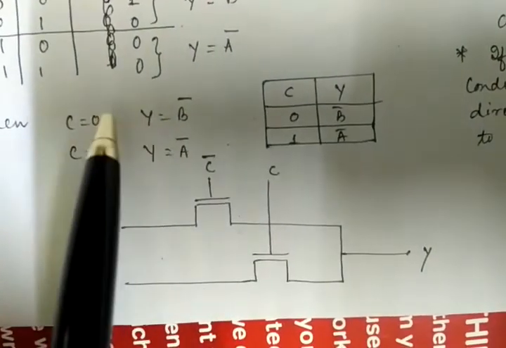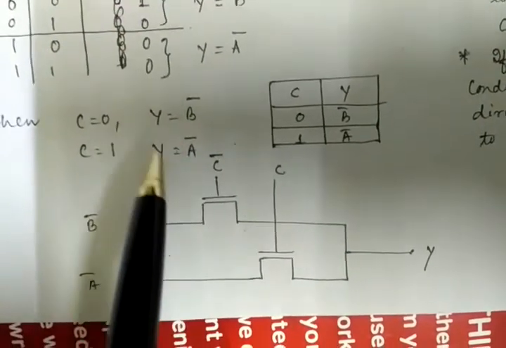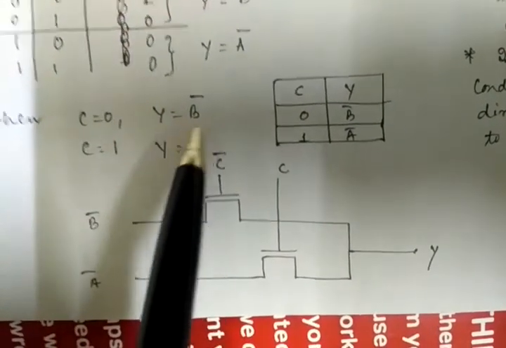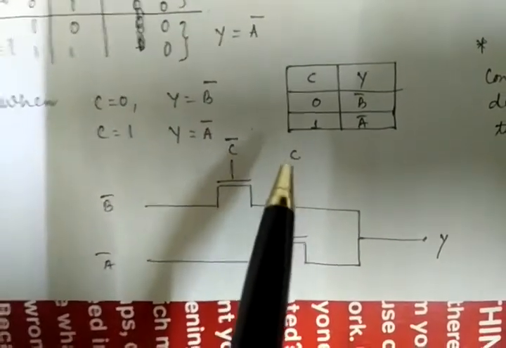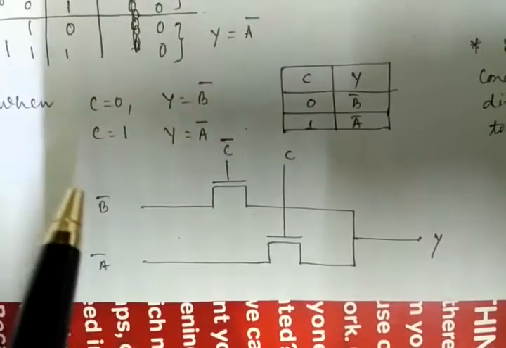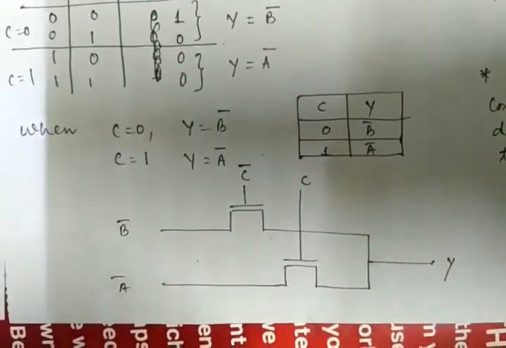Depending on the controlling signal, you have to transmit the output. Whenever C equal to 0, you have to transmit B bar, not A bar. So please check before designing whether it will be B bar or A bar. Please check it from the control signal, nothing else.